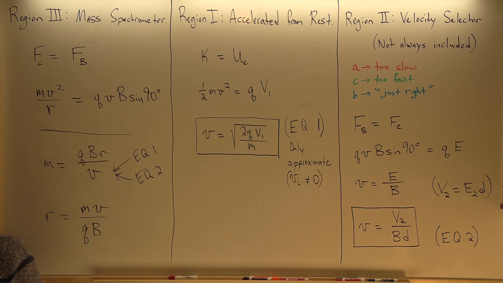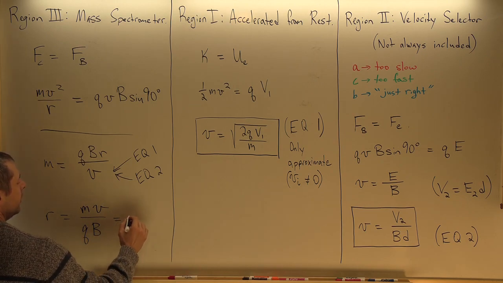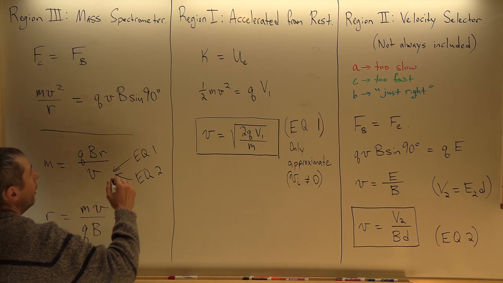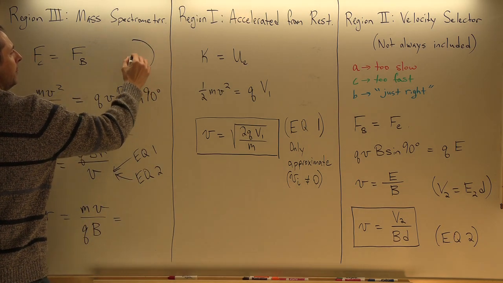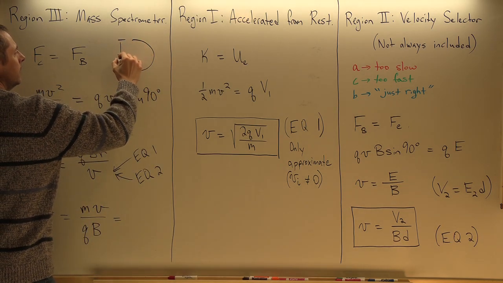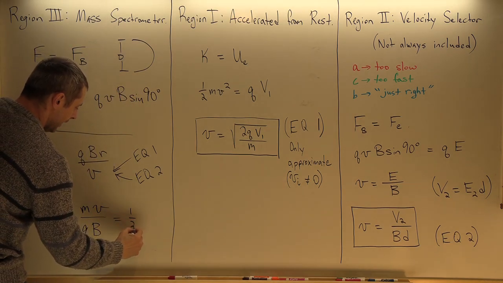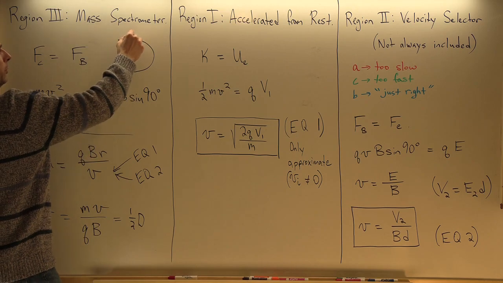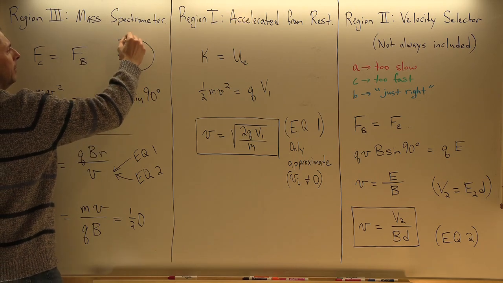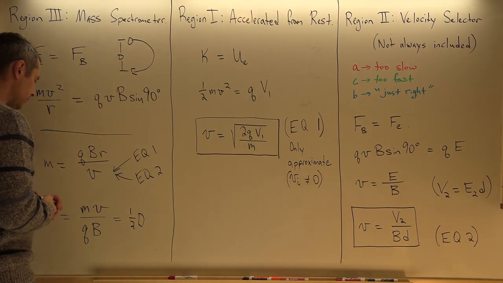Okay, and then just a reminder that this is also in the picture that I had drawn over here, where we had the diameter like this. So you also have to remember sometimes that this is 1/2 the diameter of where we put the detector compared to the hole that the ions came through.